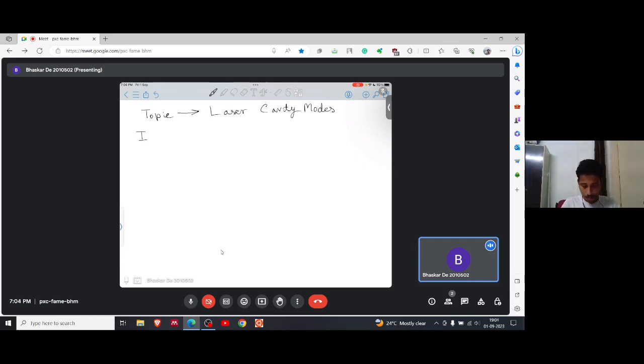I am going to discuss the different modes that are present in the laser cavity, that is transverse and longitudinal mode. But before that, for longitudinal laser cavity modes, I will first discuss the Fabry-Perot resonator.